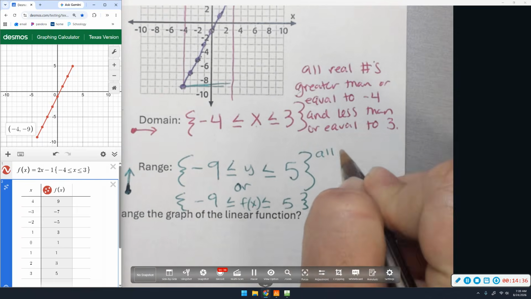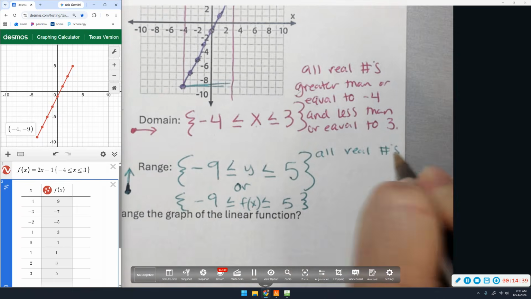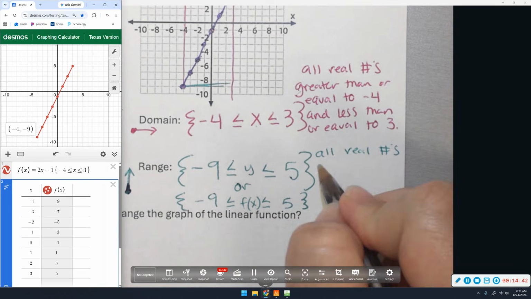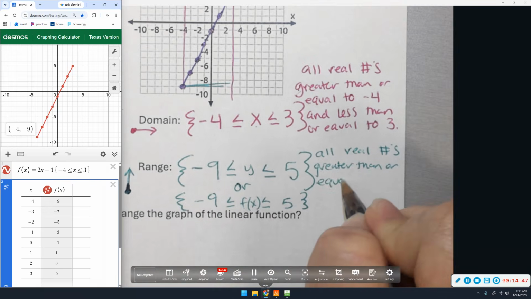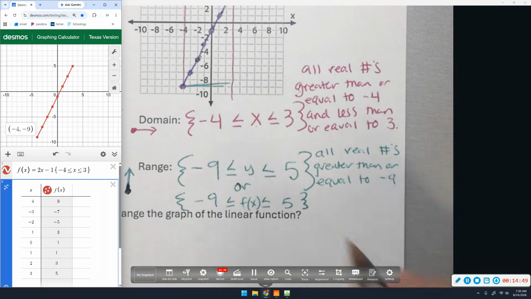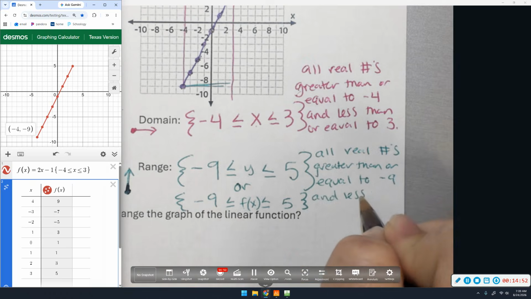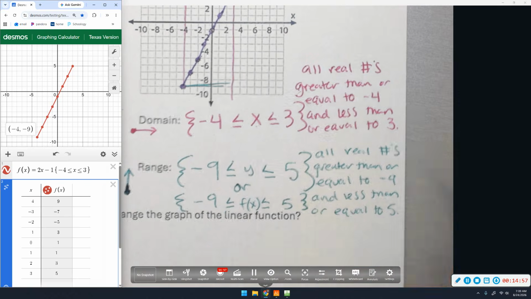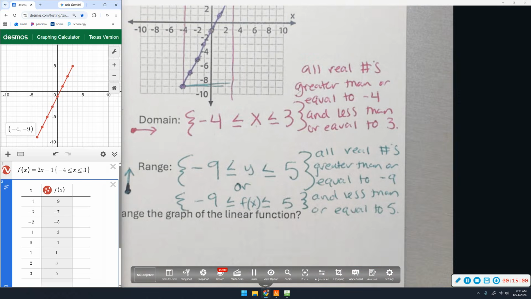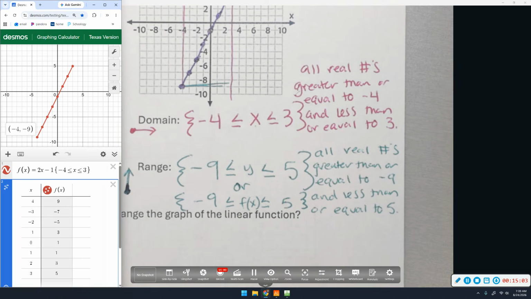And this one's going to be all real numbers, where y is greater than or equal to -9 and less than or equal to 5. It's just a fancy way of saying everything between -9 and 5. Yes?